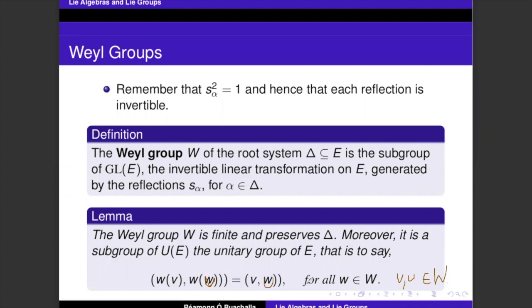The unitary group, and you can check that this is a group itself, is all of those elements in GL of E such that when you operate on V and U and take the inner product, it doesn't change anything. That's what it means to be unitary. Or you can think of it as preserving length.